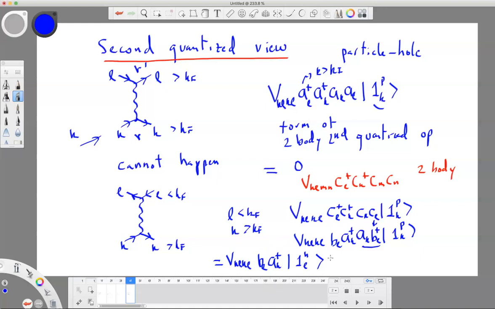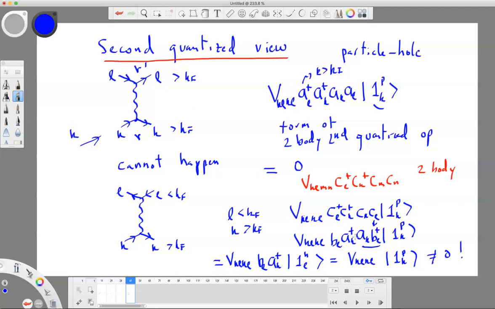This is the result of both of these. This creates a hole, so it creates a state, and then this destroys this occupation, so we're left with just one hole. Now we create an electron and then destroy this hole. So we're left with the K, and then we're left with one K particle. And this is non-zero.